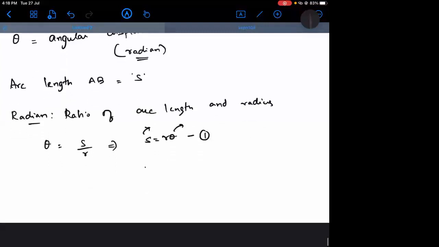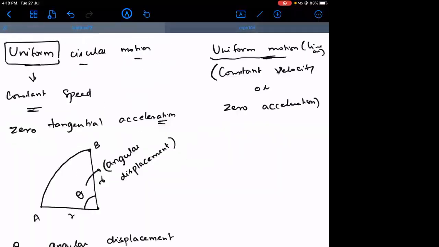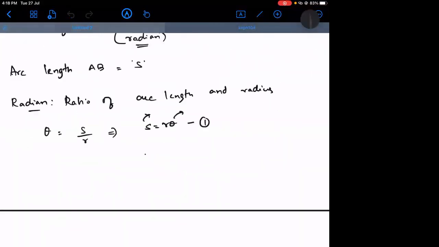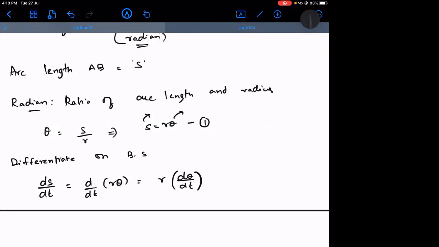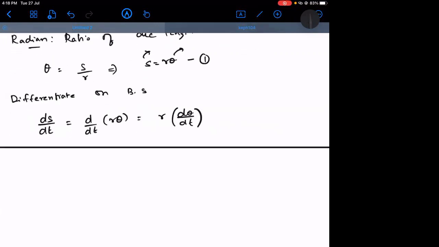Now, if I differentiate on both the sides, I will get ds by dt is equal to d by dt of r theta, that is r into d theta by dt. Correct? So what is this ds by dt called? Is this not the velocity of the object?